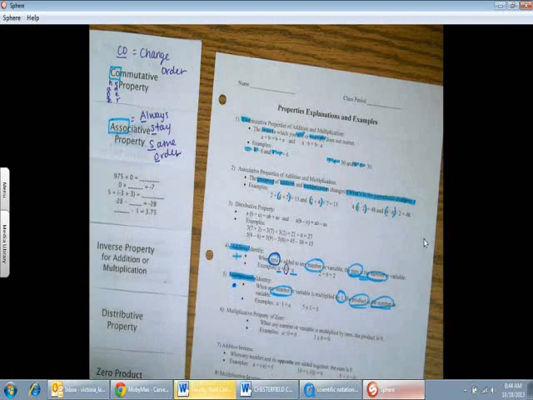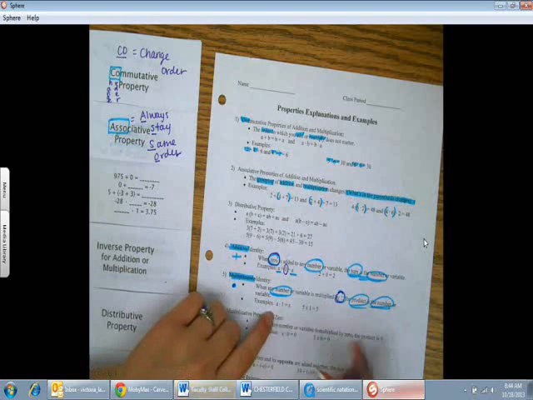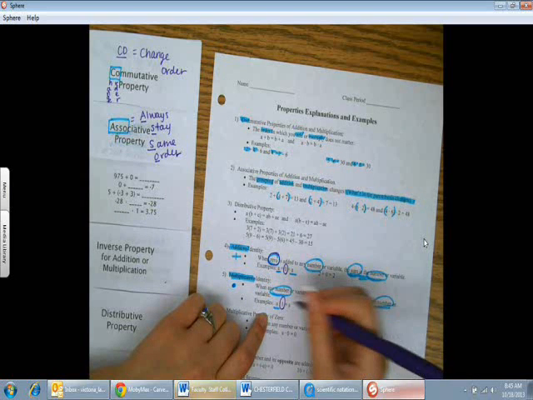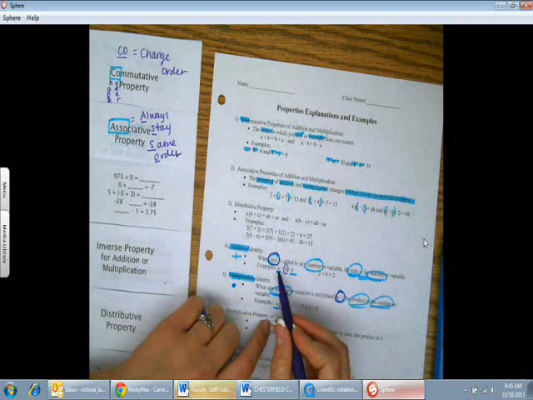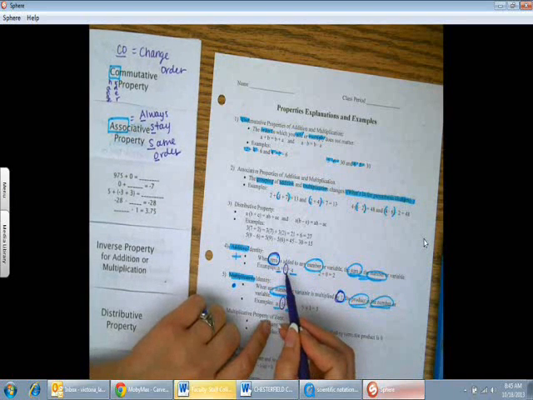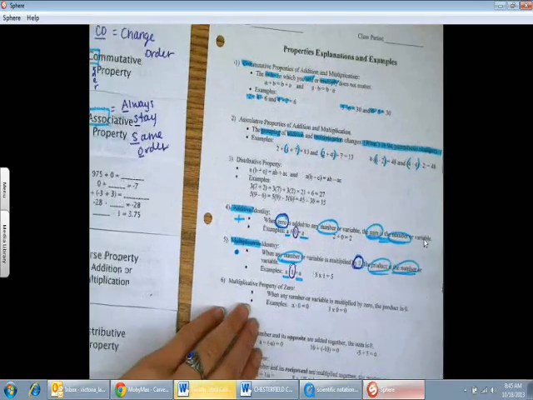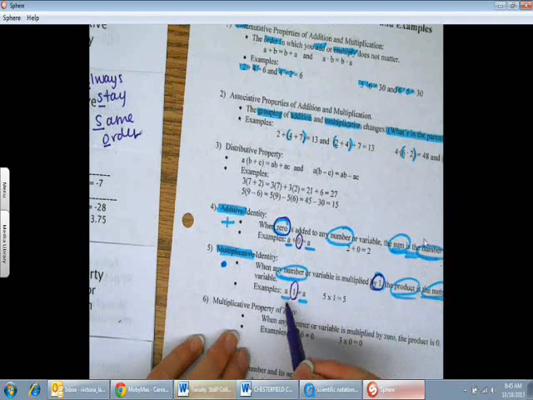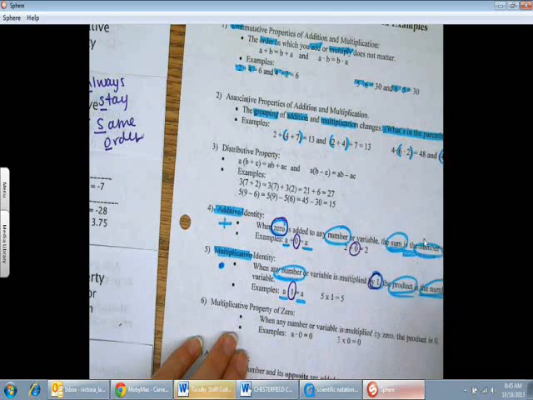So for instance, if you were to take A times 1, you'd still get A. Notice, here's the same letter, but when we're adding, we add 0, and when we multiply, we multiply by 1. So over here, we added 0, and we still got 2. Here we multiplied by 1, and we still got 5.